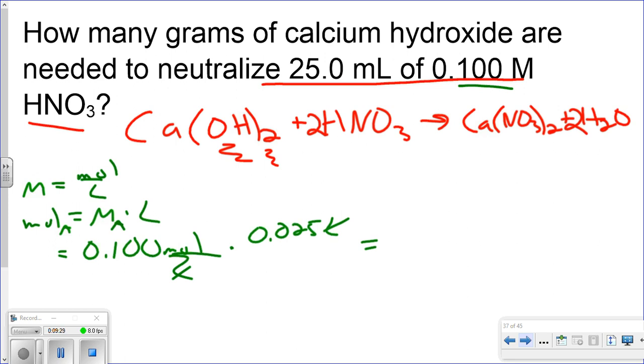So I end up with 0.00250 moles of HNO3. Okay, so that's all fine and good. That's how many moles of acid I have. The question is how many moles of base do I need to make this work or to completely neutralize, because that's what the question says.